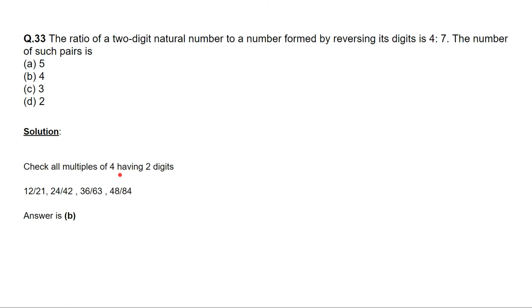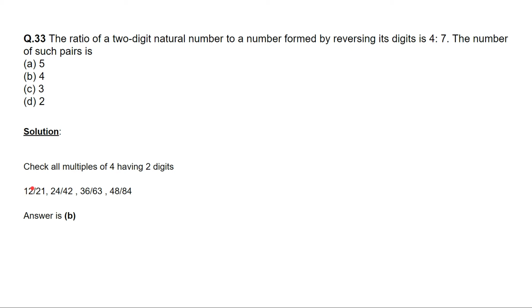I will look for all the multiples of 4 which have two digits. It starts from 4, 12, and you have to find up to how much, 15 times 4 is 60, 20, okay, you have to find up to 24.